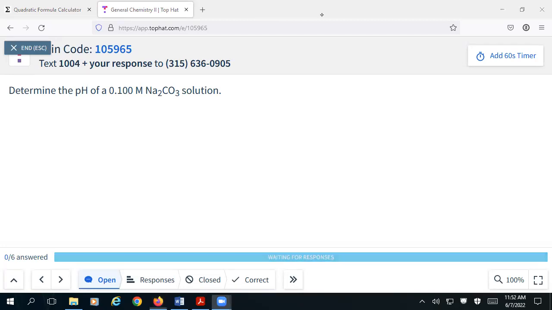So let's start with, we've got a 0.1 molar solution of sodium carbonate. What we need to figure out, before we can get into anything else, is what is this going to be?